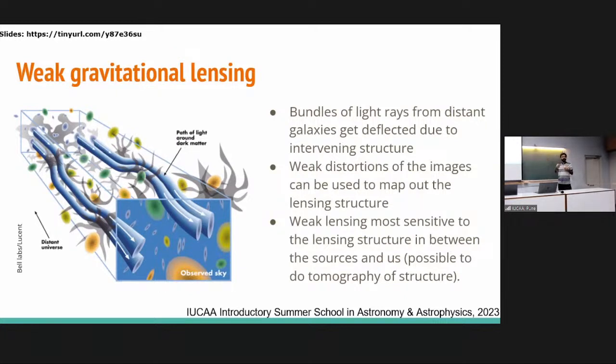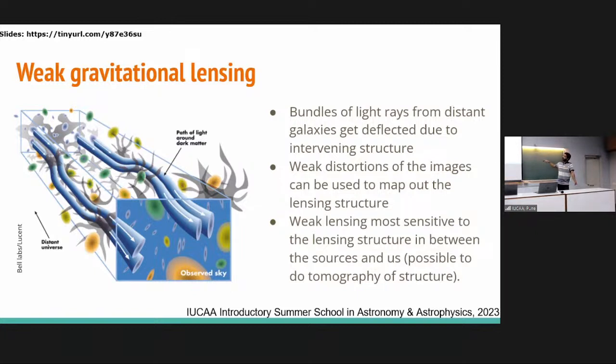So in this manner, you can actually make slices of the dark matter distribution and make a 3D map of the dark matter which is present. Okay? So the way to do it is to take galaxies at different redshifts or different distances far away from us and look at their shapes.